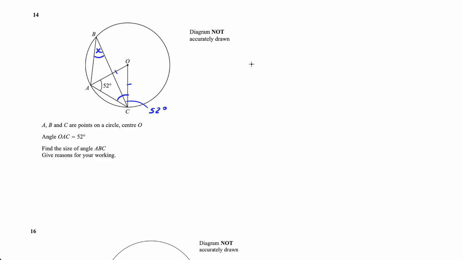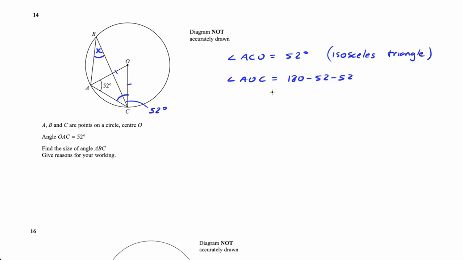So let's write out our reasons though. Angle ACO equals 52. In brackets, isosceles triangle. That's all I need to say. Then angle AOC is 180 minus 52 minus 52.